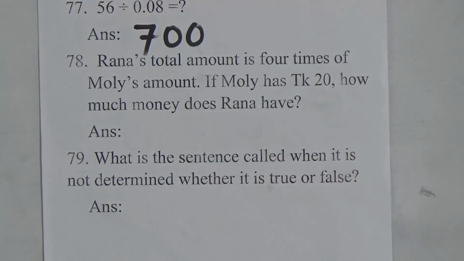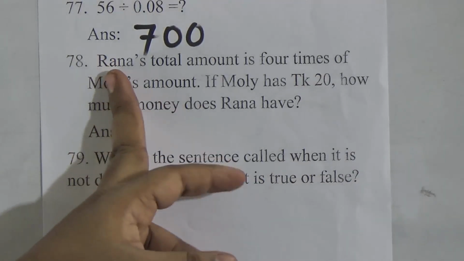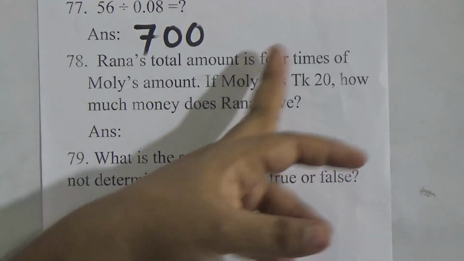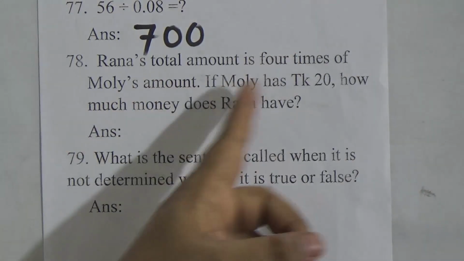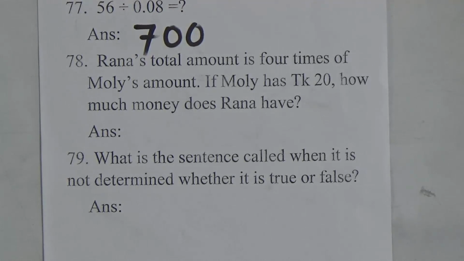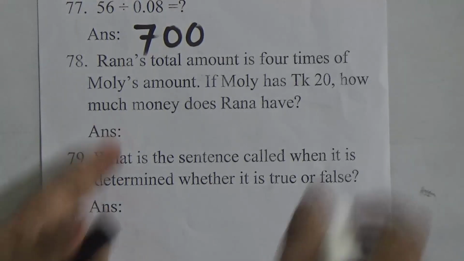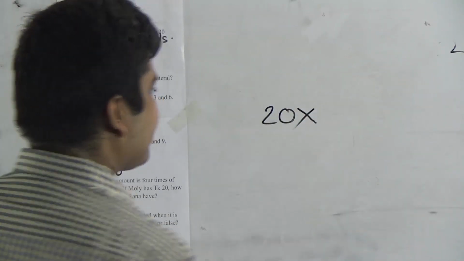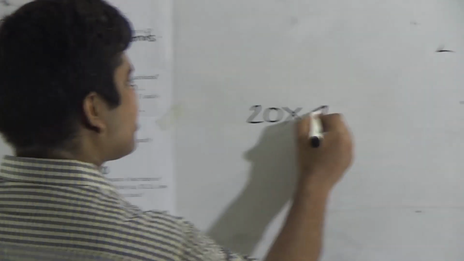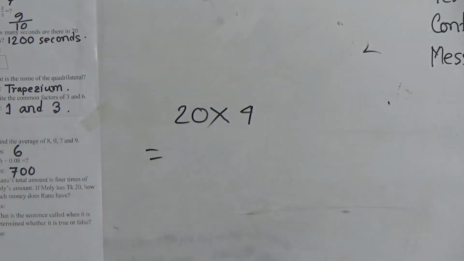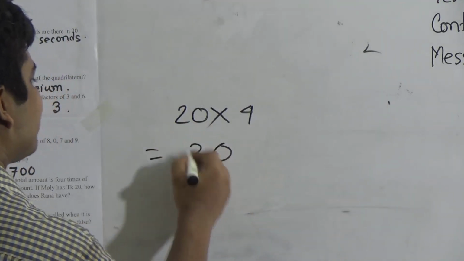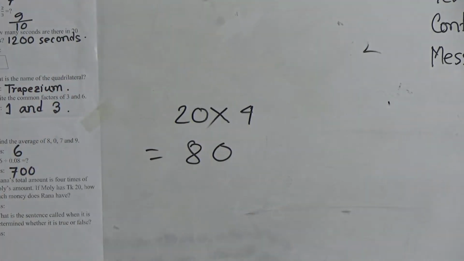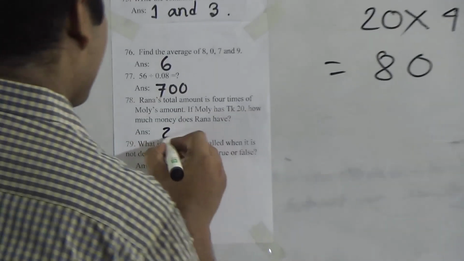Molly's amount is given, and another condition is given: Rana's total amount is 4 times Molly's amount. That means we multiply Molly's amount by 4 and we get Rana's amount. Molly's amount is 20, so 4 zeros are 0 and 4 twos are 8. That means 80 will be the answer. Okay, 80 taka.